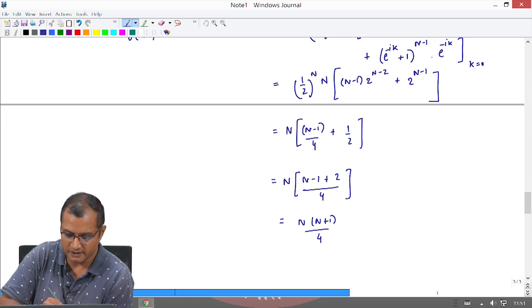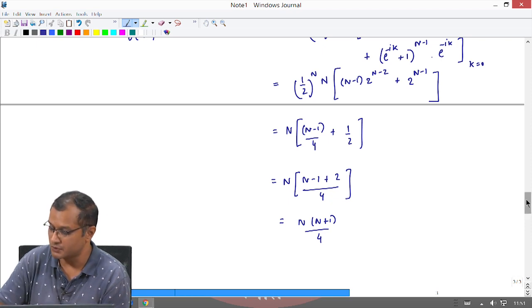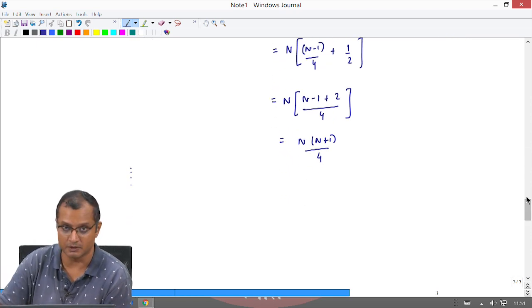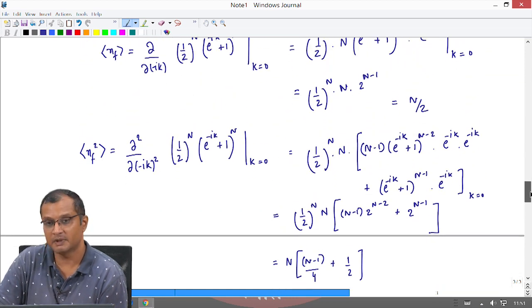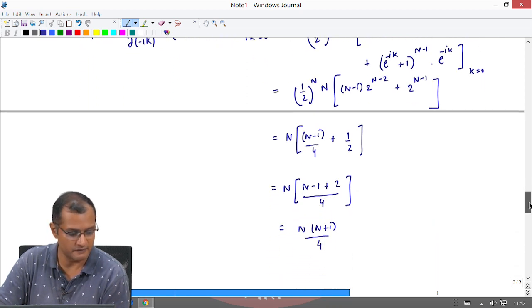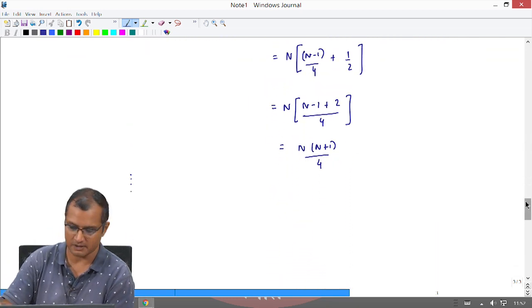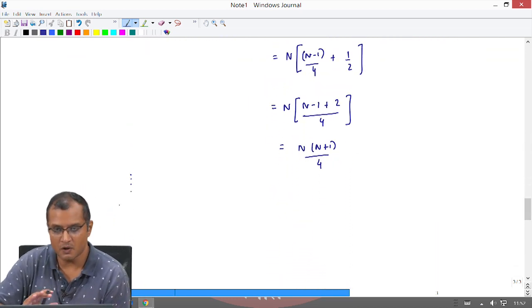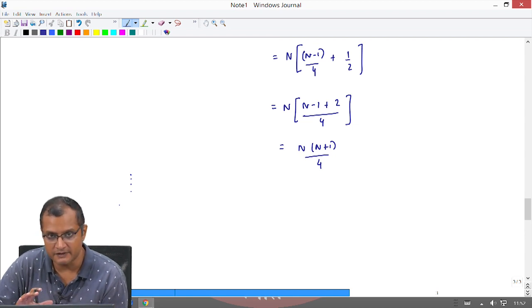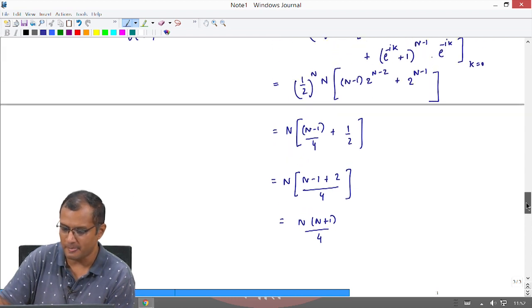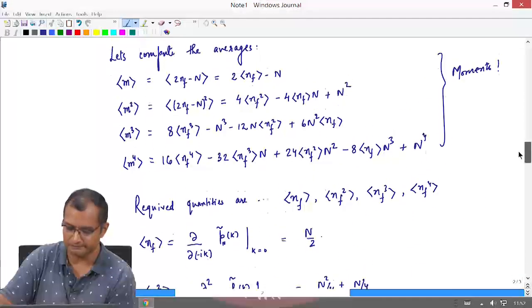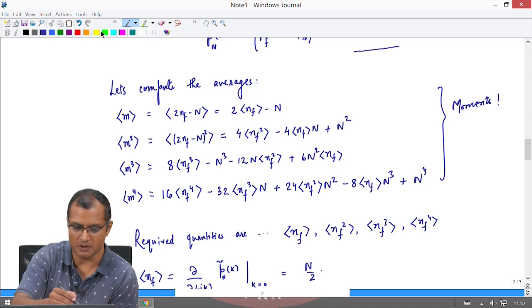So I am leaving the other two moments to be calculated by you. It is a straightforward derivative, the only thing is it becomes tedious. So I am going to leave this as an assignment. Eventually, when you plug all these moments of n_F, the forward displacements, into the expressions for M, which is here. Okay, so let me box this.